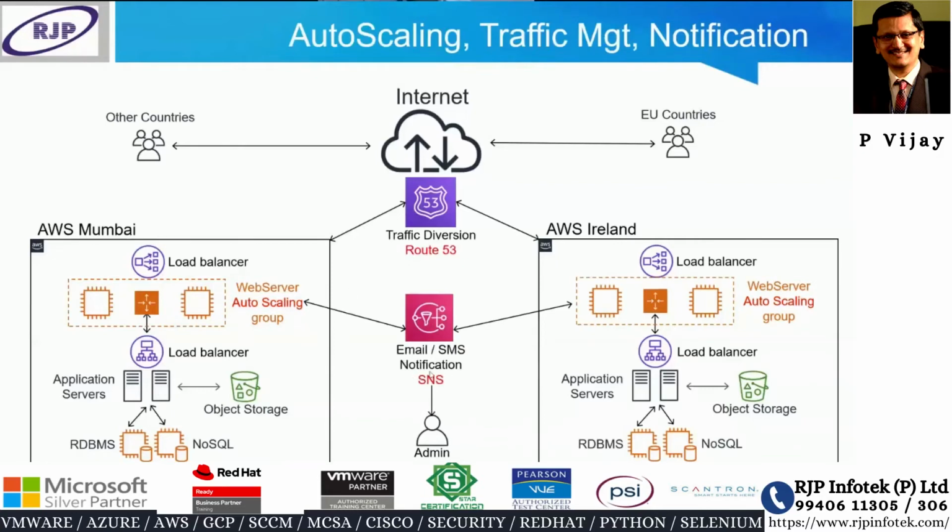The notification service is called SNS. The traffic manager here is called Route 53. These are again the AWS components. So I'm briefing parallelly the various AWS components that you would come across when you're implementing such stuff in your organization.